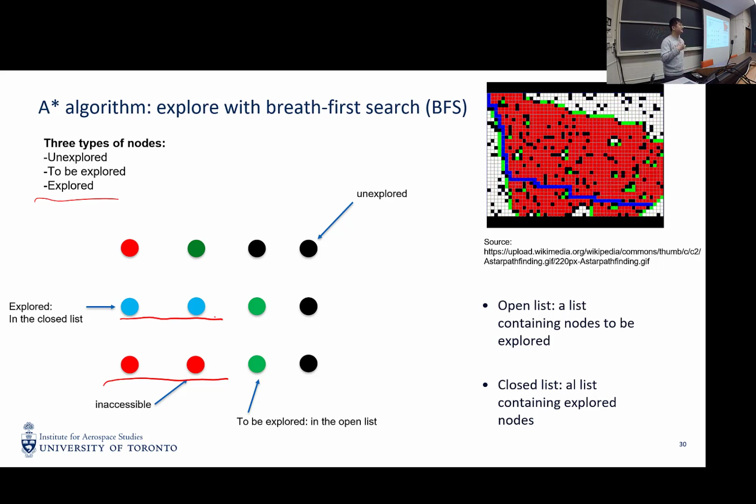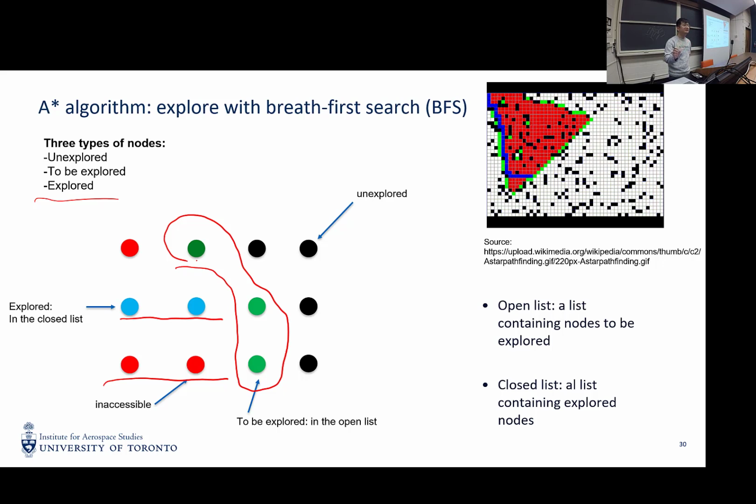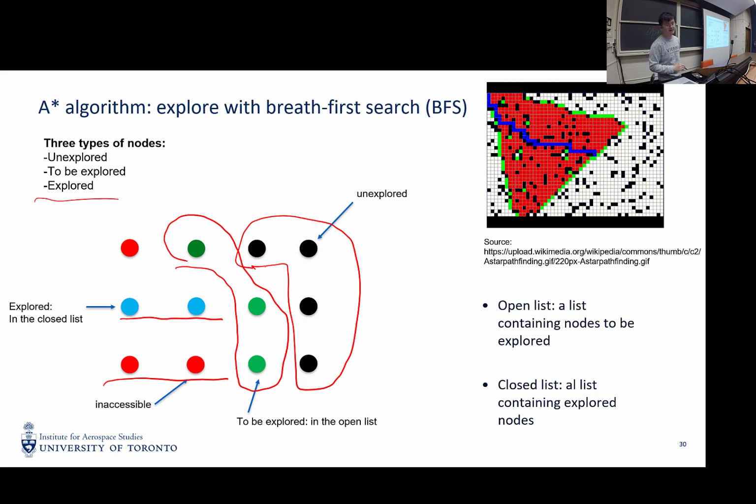This node has already been explored, so we're not going to explore it again because it has been visited. And the green nodes are known to be explored, so it's more like a border of the explored nodes. And also the black nodes, those nodes have not been explored yet.